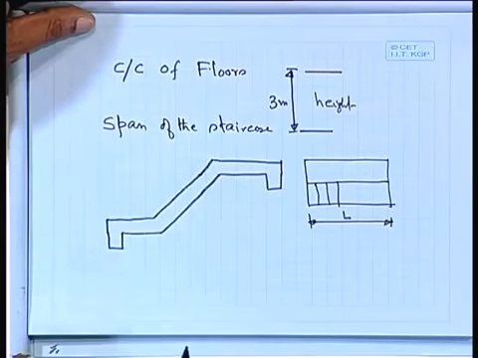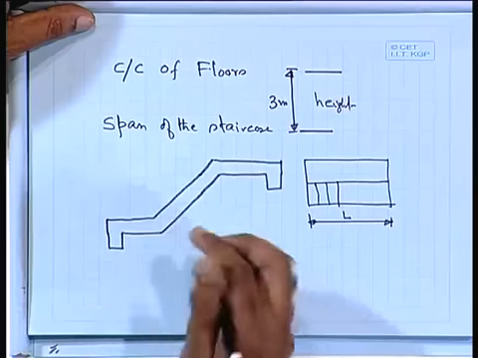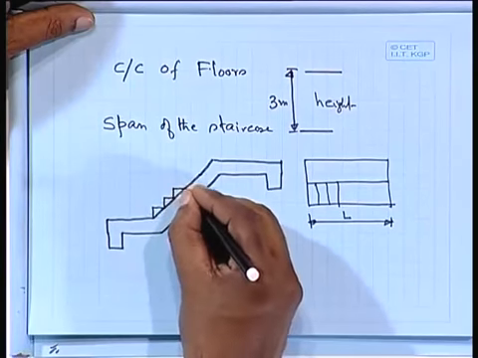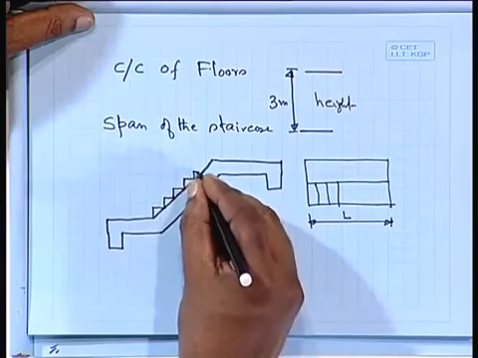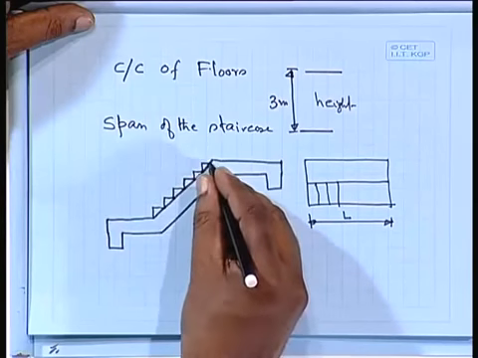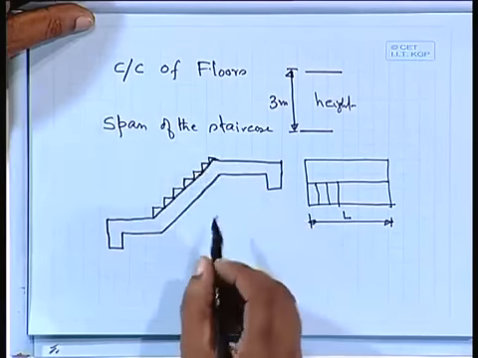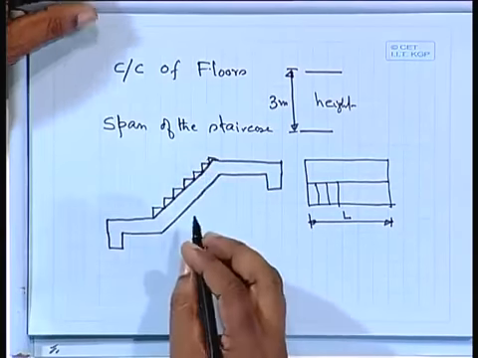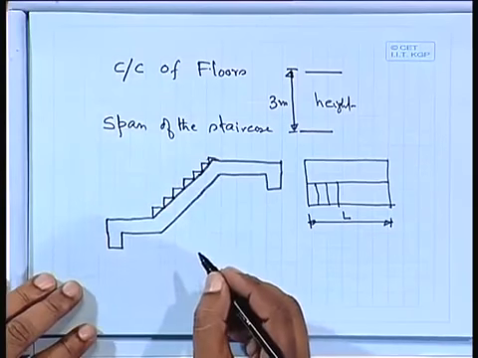This may be one case. And here the steps are here. These steps may be constructed by bricks. So when we have this, we shall only take the dead load of these steps. So what about your effective span?